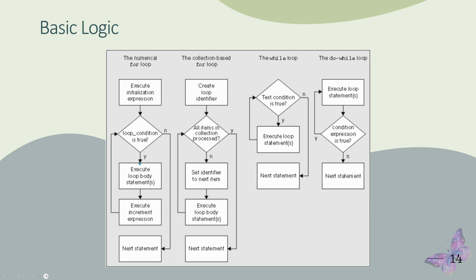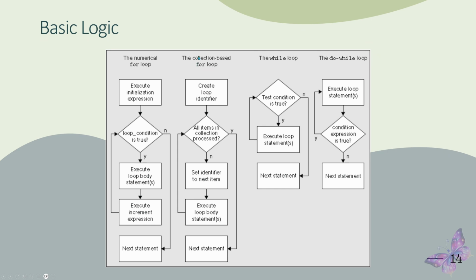If it's true, then execute the loop body, then execute the increment expression, then it will go through the for loop again. But if the condition is false, then it will exit from the loop, then the next statement will be executed.